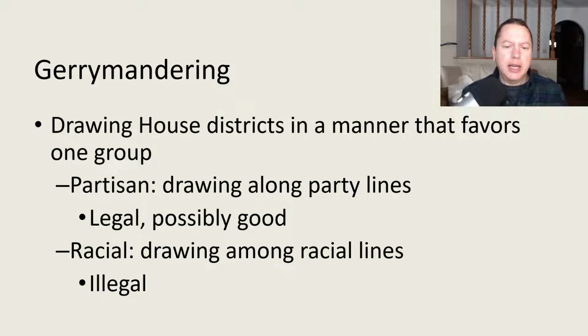The reality is that there are certain areas that have a substantial African American population, like, say, the south side of Chicago or Gary, Indiana. So there's going to be a sort of natural African American district there.